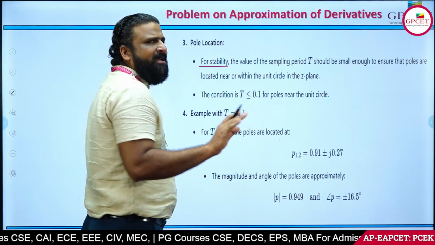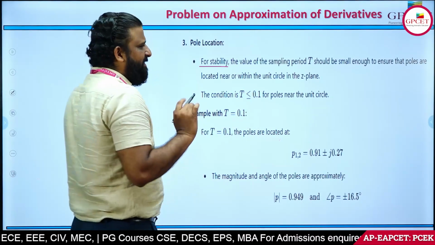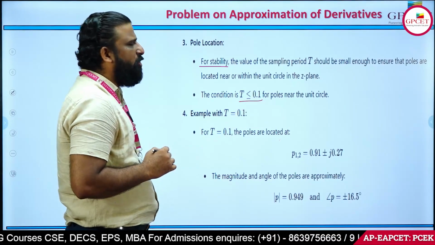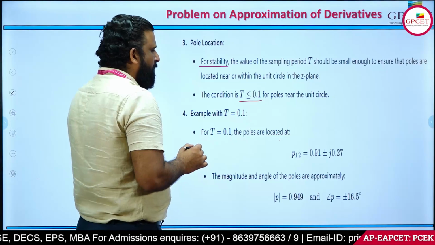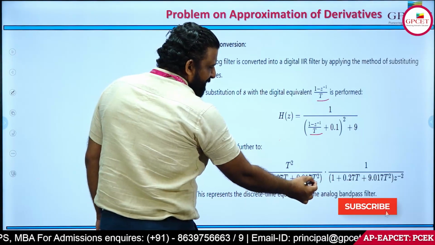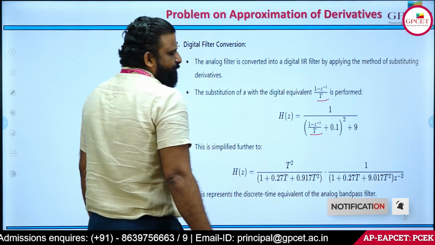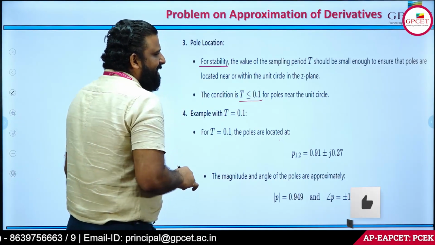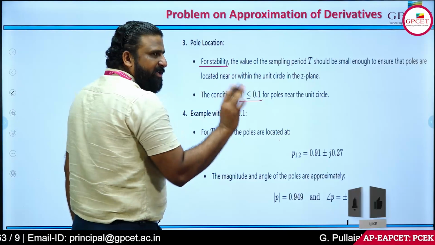Then only we can say that the filter is in stable condition. For that, we take one condition, t less than or equal to 0.1. So in the place of t, I am just substituting 0.1. Why? Because the condition is t less than or equal to 0.1 for poles near the unit circle.